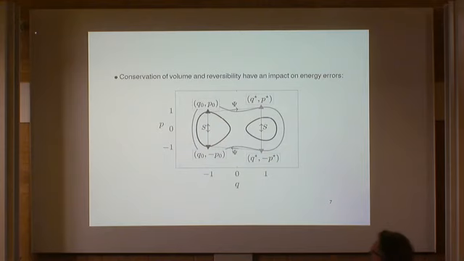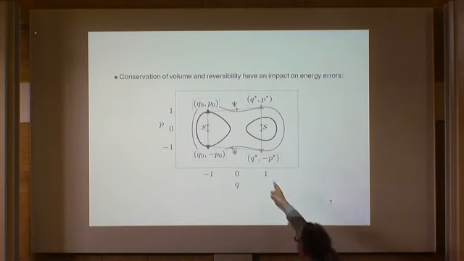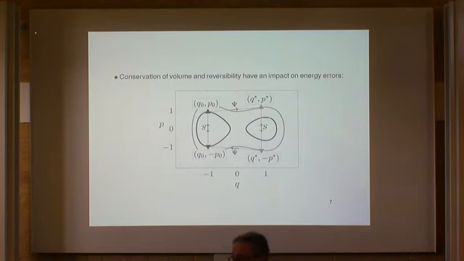But because the scheme is reversible, if I started from there, I go there with a decrease in energy of exactly the same amount. So in phase space, to each point with an increase in energy, there's a point with exactly the same decrease. So it's not possible to always have decreases.